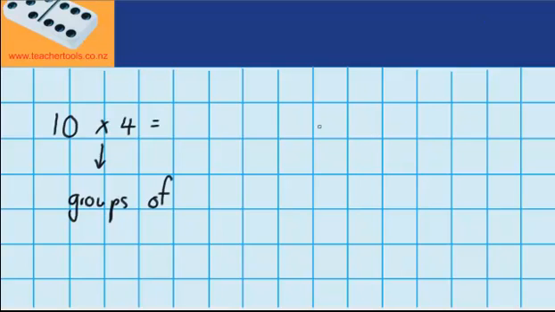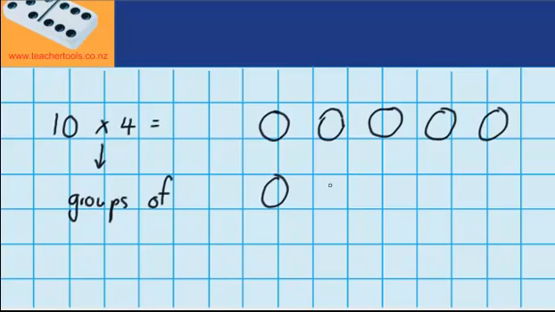Let's just draw a picture to see what that looks like. 1, 2, 3, 4, 5, 6, 7, 8, 9 and 10. And in all of those groups there needs to be 4 counters.